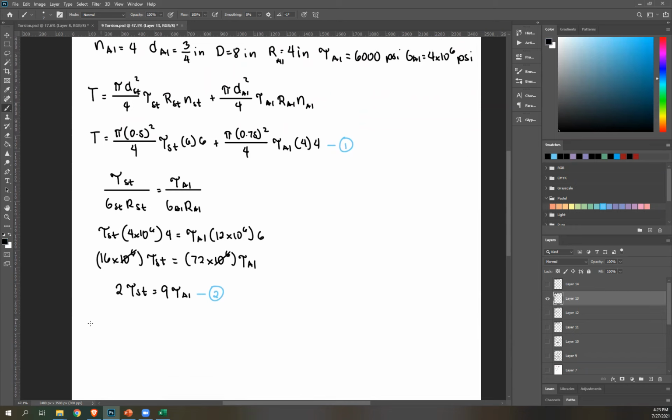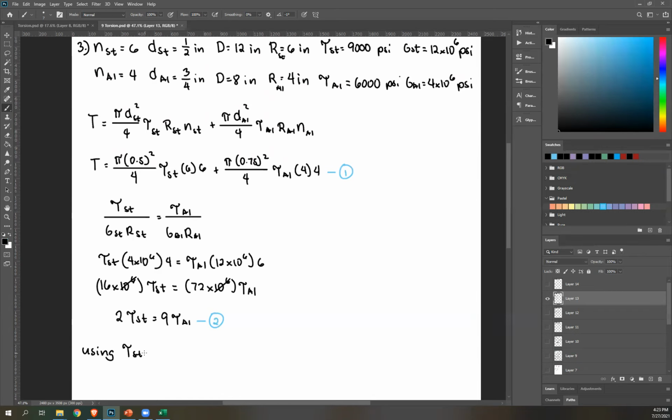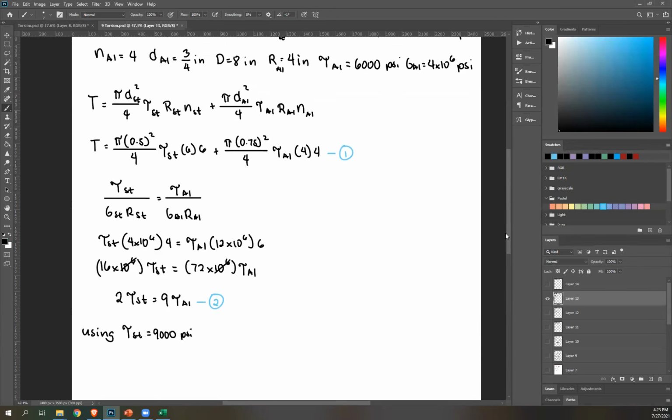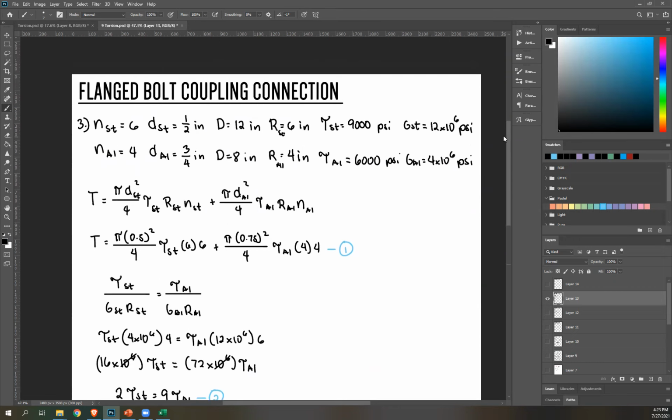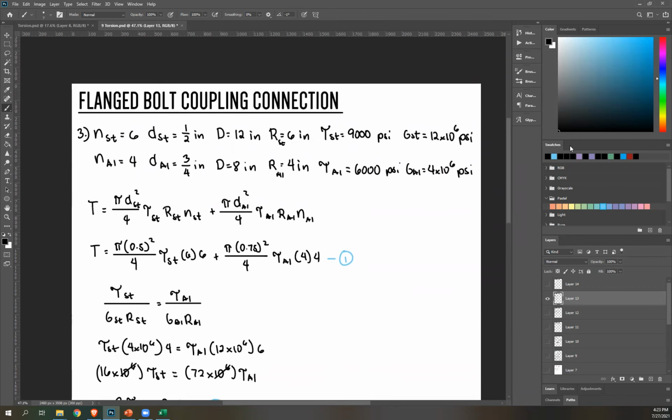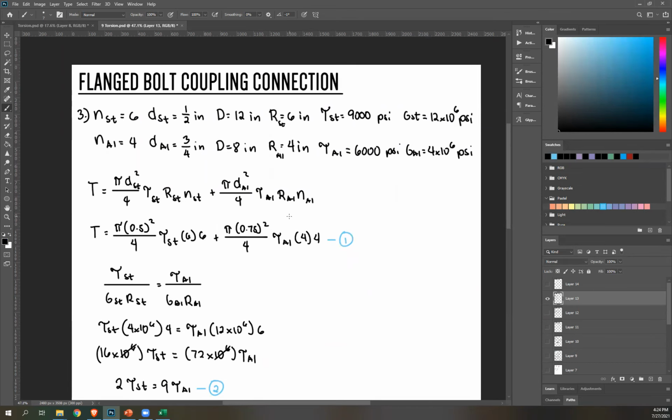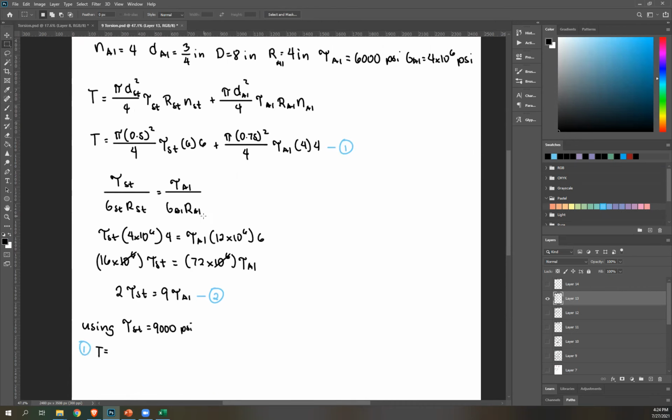So first, using the limit for steel, shear stress in steel equals 9,000 psi. Okay. So we're gonna use equation 1. So P equals... I can simplify this further. So that there's not so much to write.